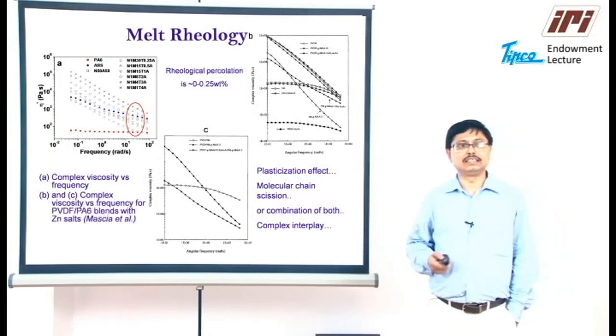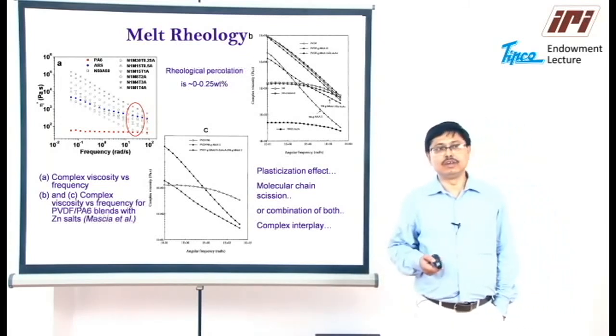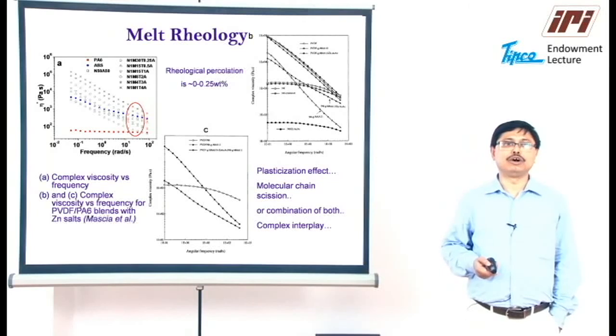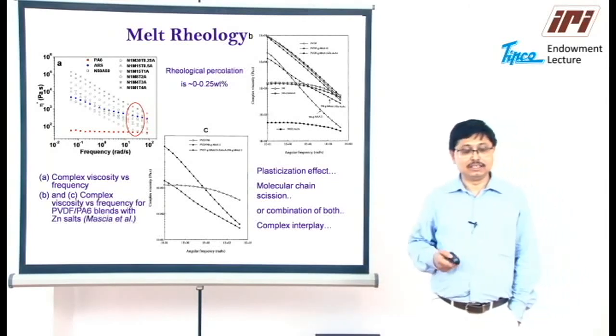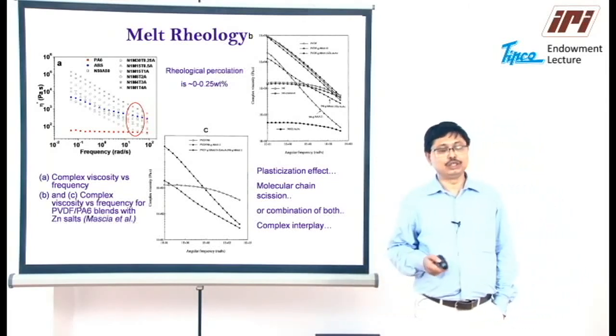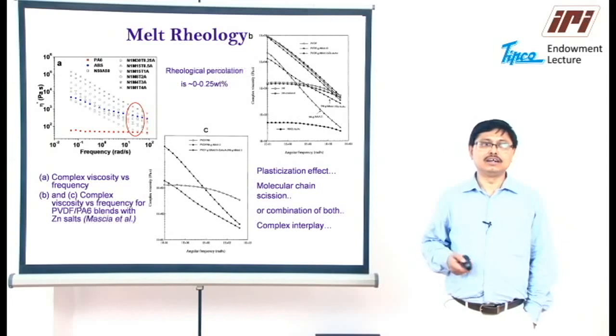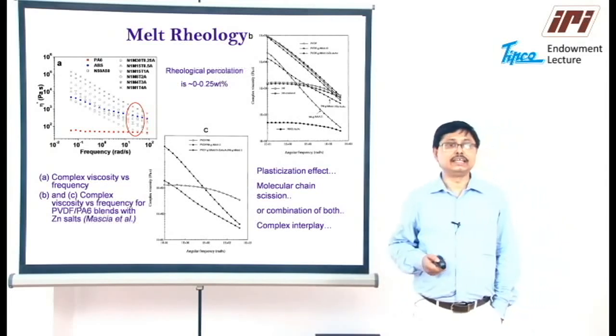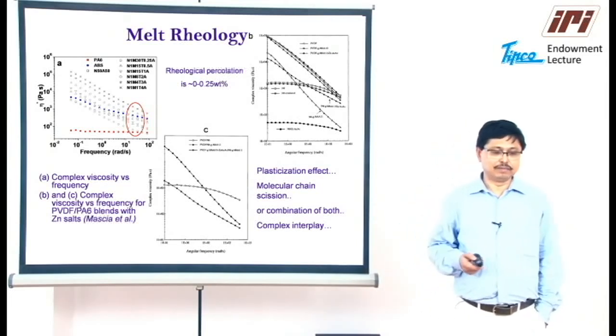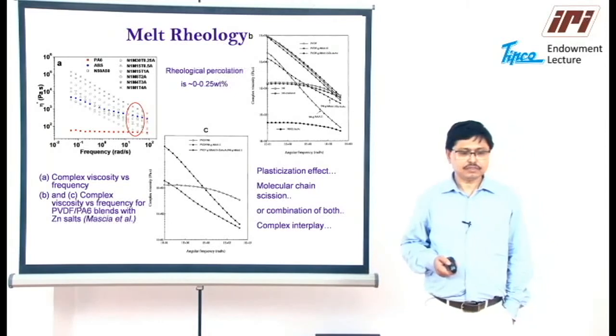This suggests plasticization or molecular weight degradation of the polyamide 6, which was discussed earlier. This is also found with other organic salts in PVDF polyamide 6 blends as well.